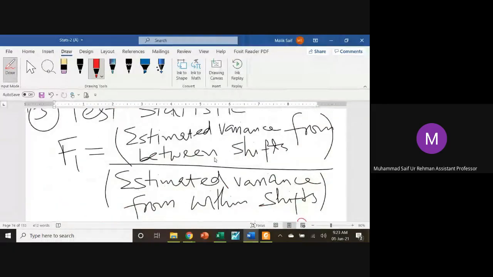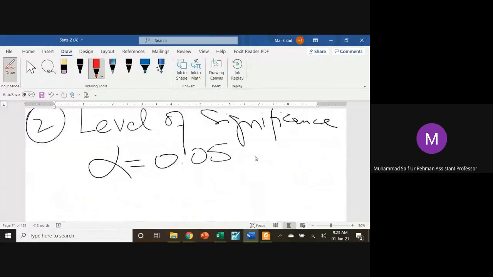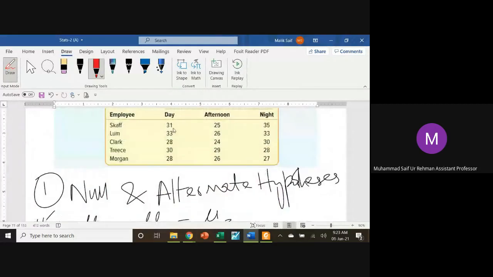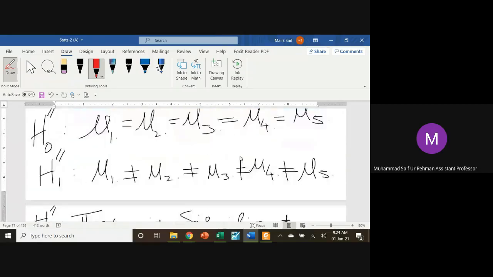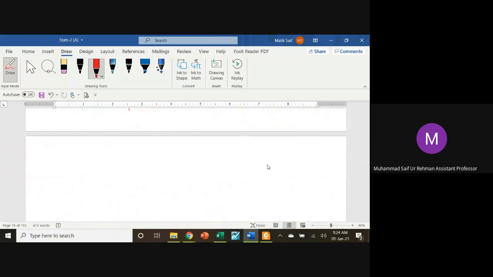However, the estimated variance from between shifts will be a different value, and the estimated variance from between employees will be a different value, because once you will consider the values that are written in form of columns, and in the second case, where employees are being considered, you will consider the values that are written in rows. So therefore the numerators will be different in both cases, but the denominators will remain the same.